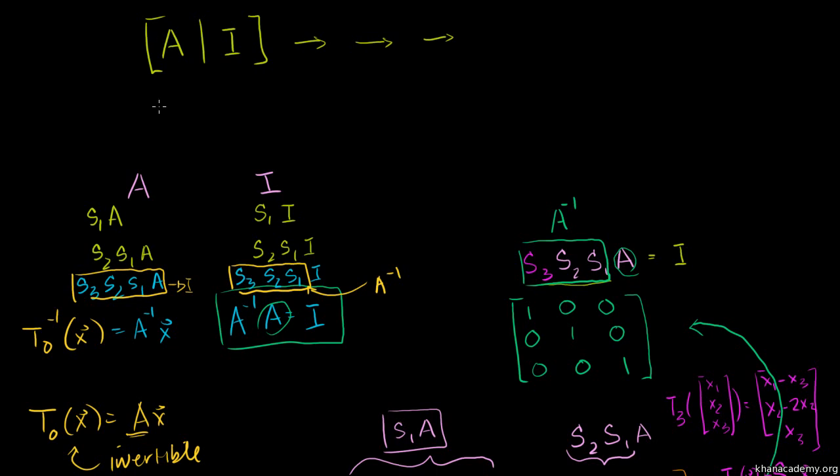You perform the same row operations on A as you do on the identity matrix. By the time you have A as an identity matrix, in reduced row echelon form, the identity matrix, having had the same exact operations performed on it, is going to be transformed into A's inverse. And this is a very useful tool for solving actual inverses.